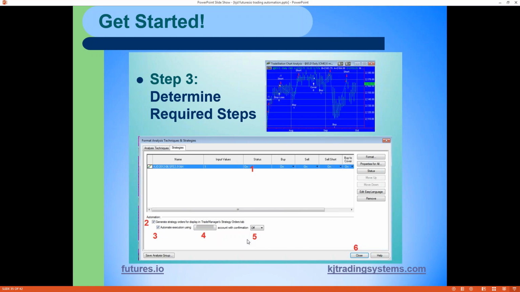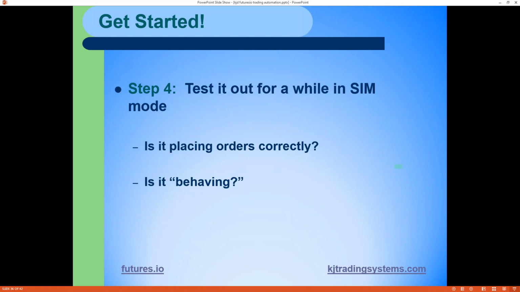And then you're automated, and it will start taking trades that your strategy is programmed to take. Pretty simple. But realize I've already done a lot of stuff before then.